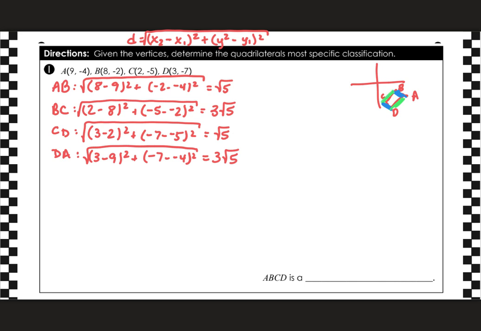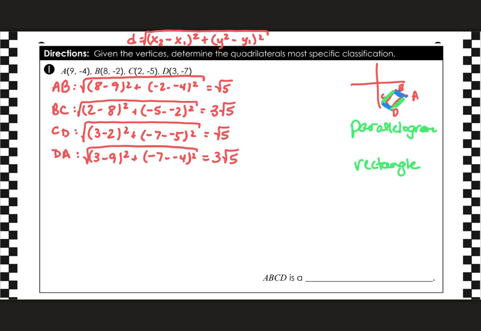So that tells me the opposite sides are congruent. So that is either a parallelogram or it's a rectangle. Okay, so now I need to figure out, are the diagonals congruent?